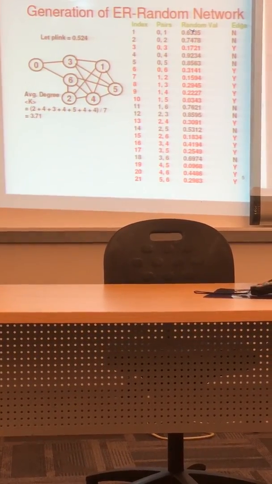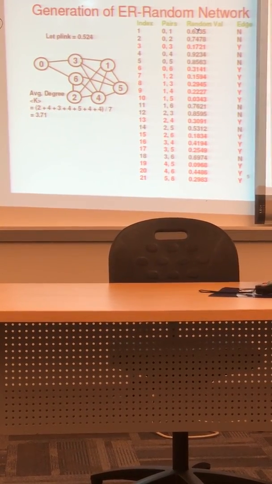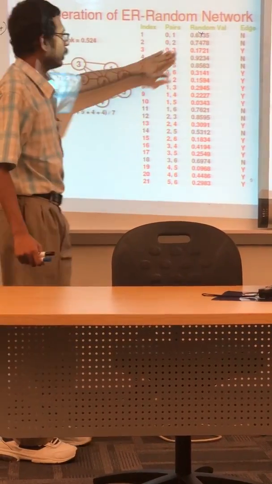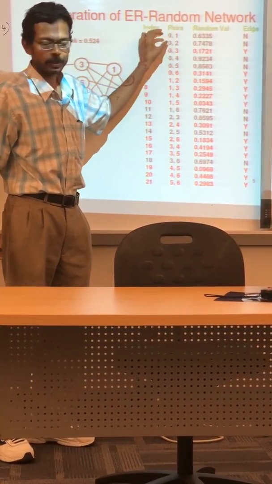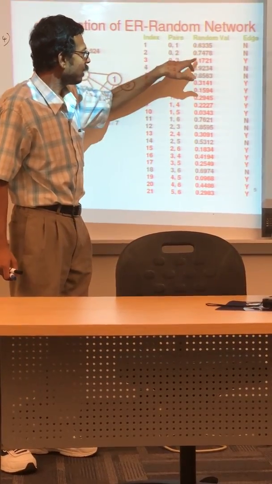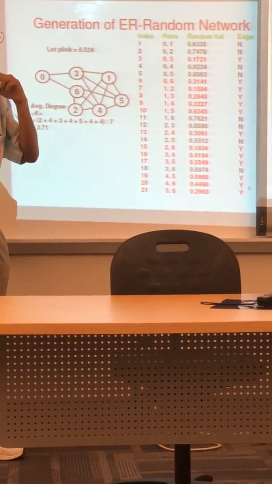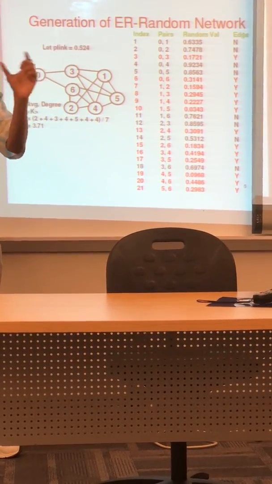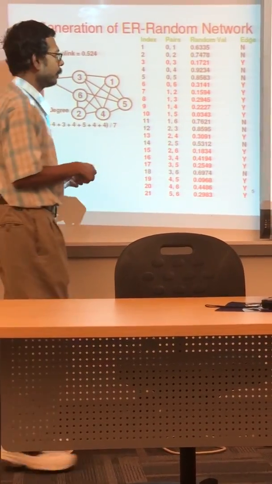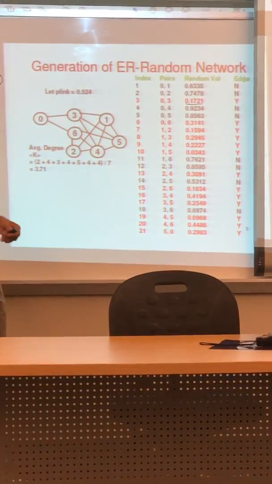For each pair, generate a random number between 0 and 1. If the random value that you generate for that pair is less than or equal to this p-link probability, then there is an edge between the two vertices of the pair. For example, the random number here is less than 0.524.